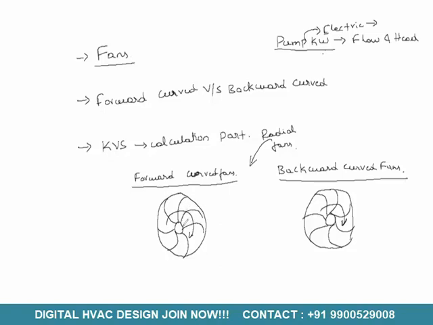These curves go forward. Radial is in between: some portion like this, some portion like this. That is radial. So this is basically the configuration, or the fabrication, of how backward curved and forward curved fans look.